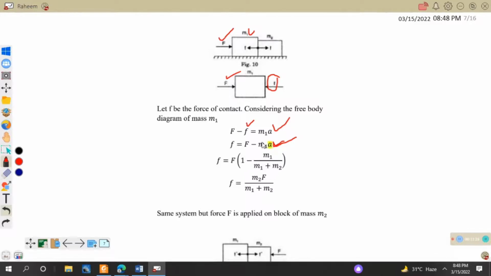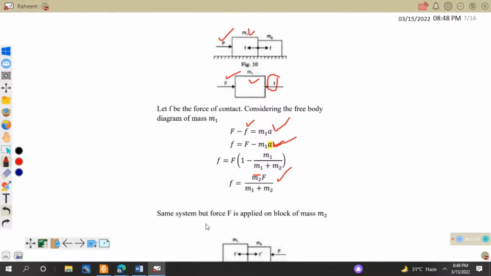We have taken F common because F is contained in the acceleration term. So we are left with f equal to m2 F over (m1 plus m2). Now we have applied this force on m1, but in the contact force we have m2.